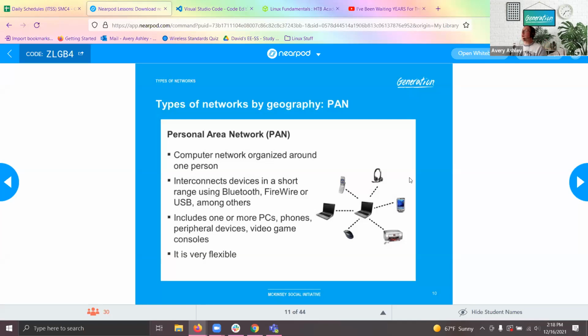That's going to be your personal area network. So my phone connected to my earbuds is part of my personal area network. When I connect my phone to my car, that would be part of that PAN. Anything that is directly connected to your little network. This is as small as we go, pretty much. It's very flexible. It can include multiple devices, but it has to be within your little area, and it's centralized around one person.